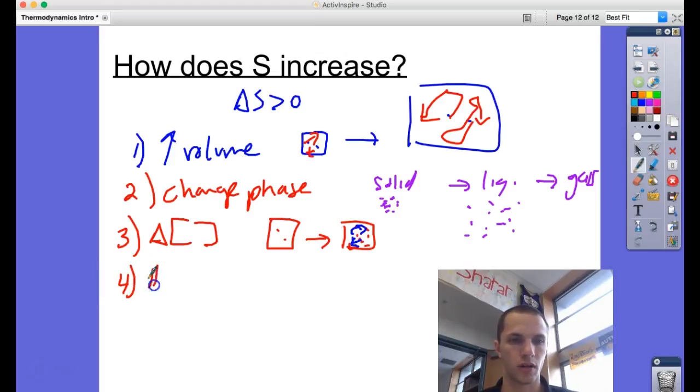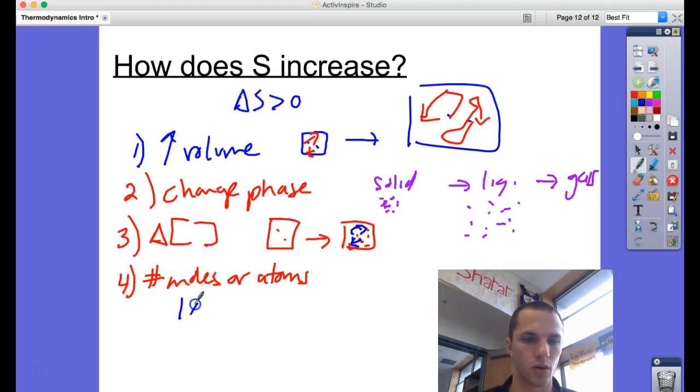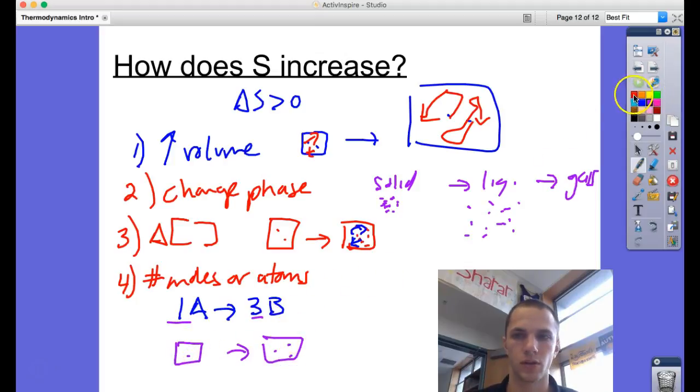And in a similar way, if we increase the number of moles or atoms, the entropy will increase as well. So for example, if we had a reaction of 1 mole of A turning into 3 moles of B, going from 1 to 3, it's the same idea. We go from one thing to 3 things. So we have way more possibilities, way more combinations, way more entropy, way more disorder, way more disorganization.